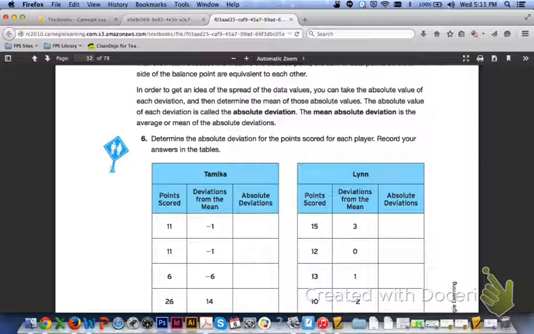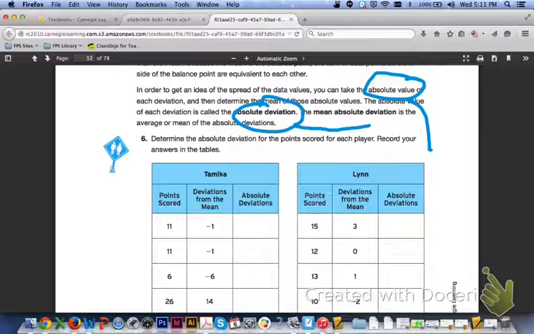Now this next part is really important, so listen closely. So absolute deviation involves taking the absolute value. When we take the absolute value of a number, that means if it's negative, it becomes a positive. If it's a positive, it stays the same.